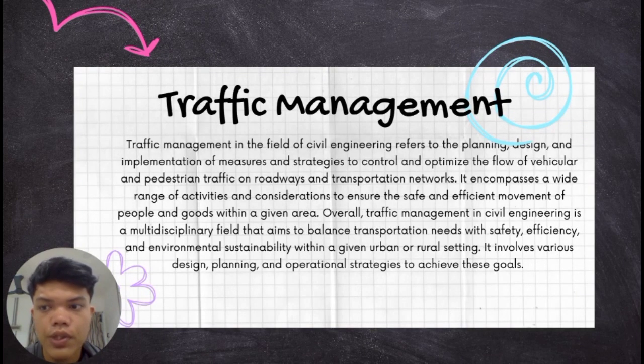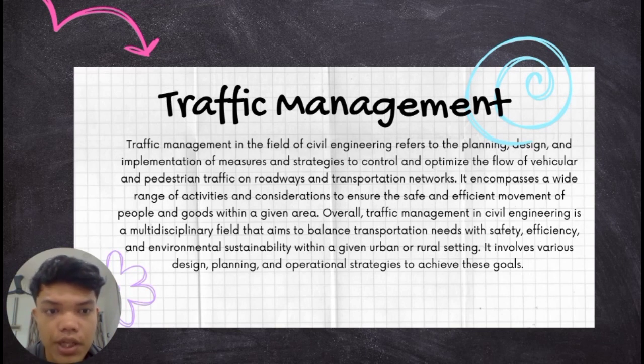Before we go through our discussion, we have to understand what is traffic management. Traffic management in the field of civil engineering refers to the planning, design, and implementation of measures and strategies to control and optimize the flow of vehicular and pedestrian traffic on roadways and transportation networks. It encompasses a wide range of activities and considerations to ensure the safe and efficient movement of people and goods within a given area.